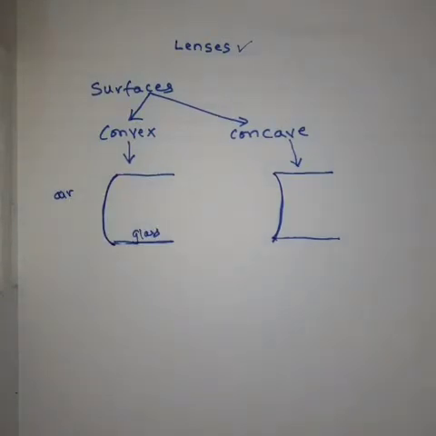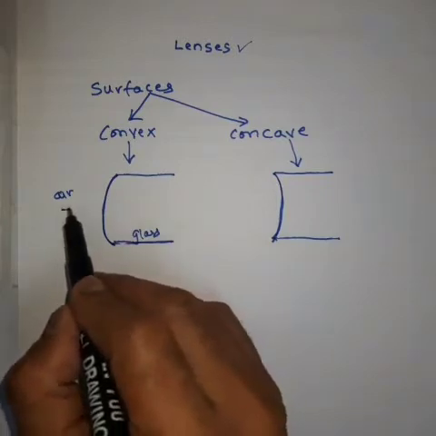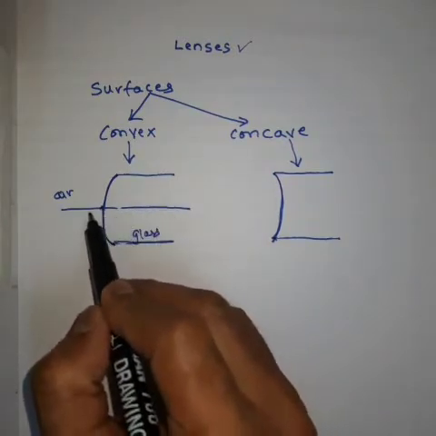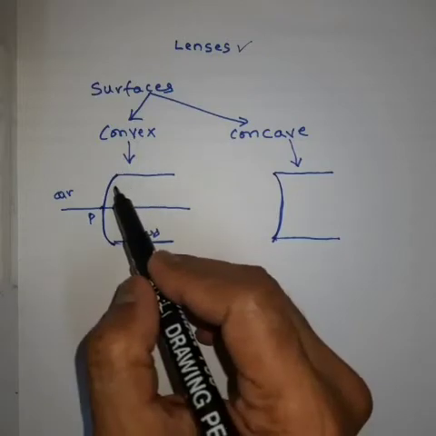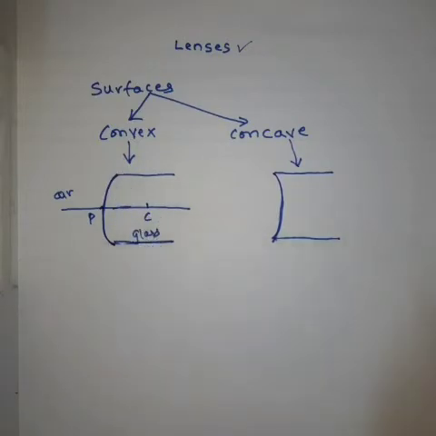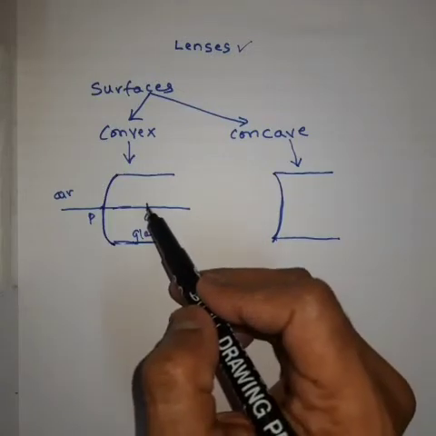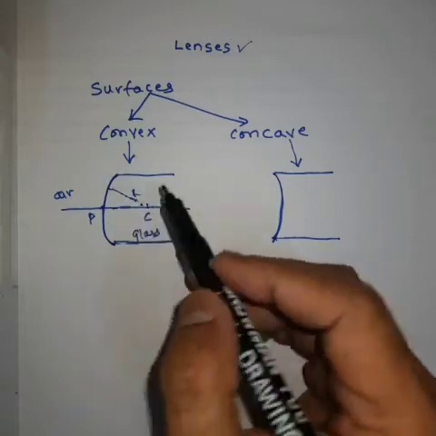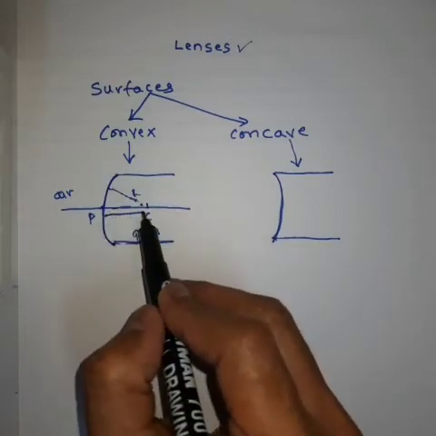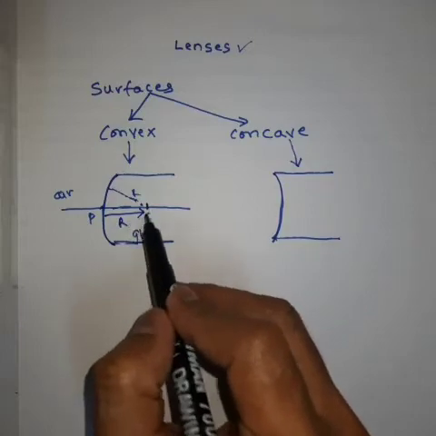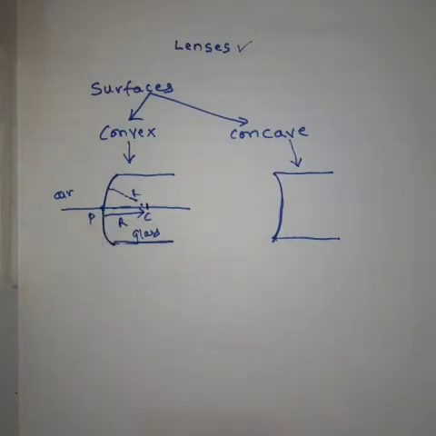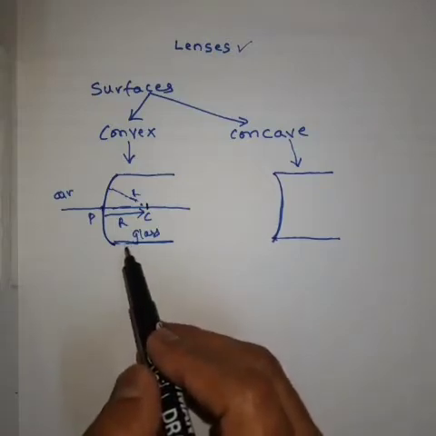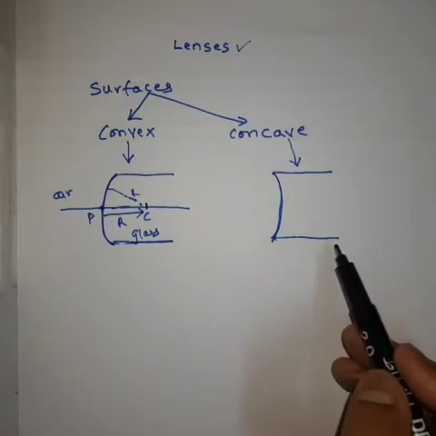Again, a straight line passing through the pole is my principal axis, and there is one center of curvature, which we get by taking the radius and cutting it. This is my radius of curvature, this is my center of curvature, this is the pole. This is my convex spherical surface. We have the same thing for the concave spherical surface also.